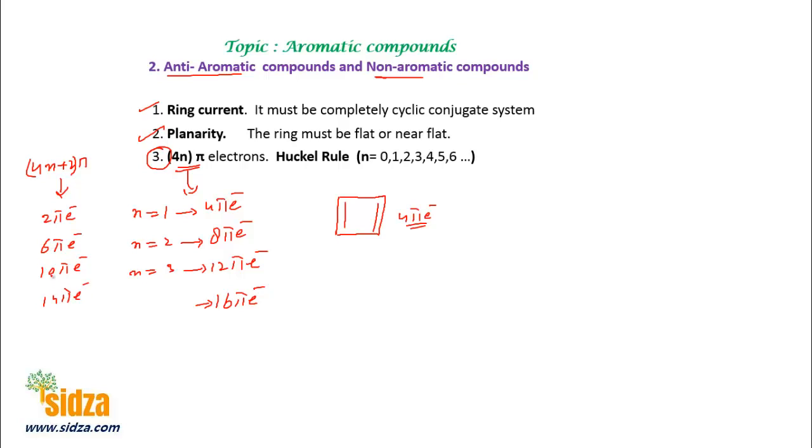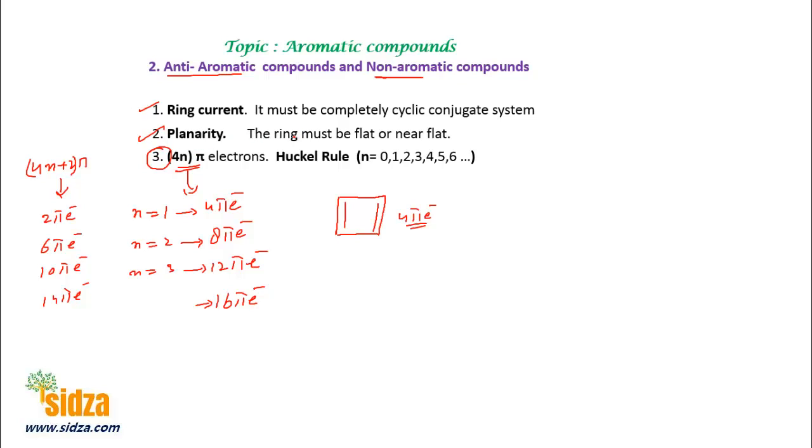So that means 2, 6, 10, 14, these are the aromatic numbers, right? And 4, 8, 12, 16, these are anti-aromatic compounds. And in terms of stability, there's a large difference, right? Anti-aromatic compounds are least stable among the three classes of compounds: the aromatic, anti-aromatic, and the non-aromatics, right?